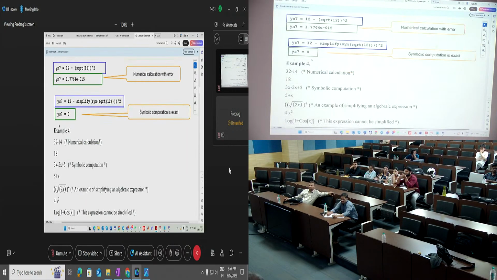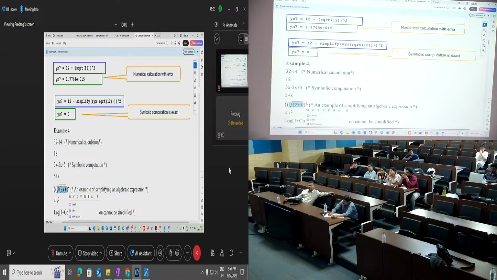And so on, we can make many such examples. Numerical calculation, difference between two numbers. Symbolic calculations, difference, addition with two expressions. Most difficult problem in symbolic computation is simplification.